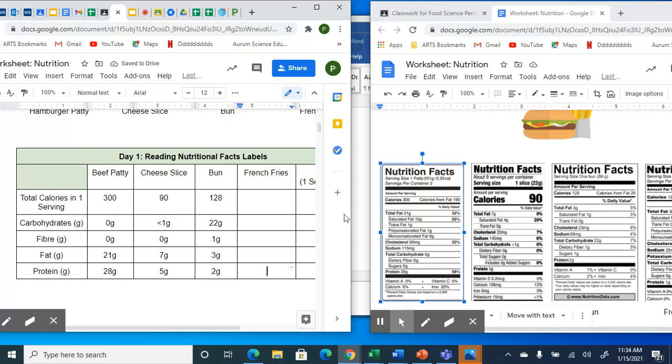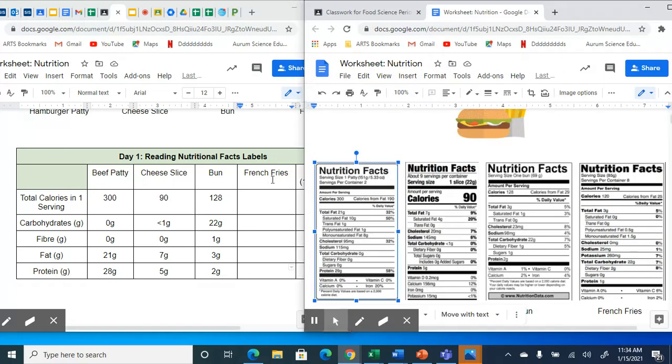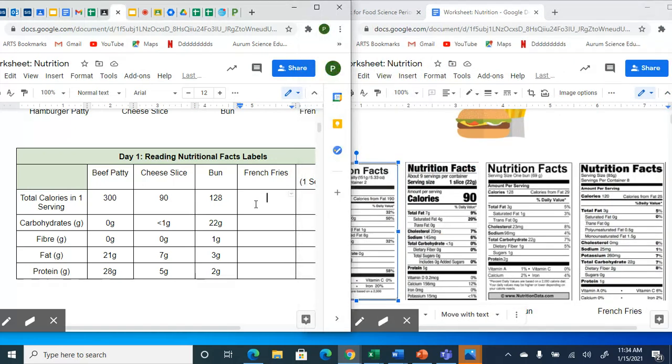So now our French fries. Let's move them over. French fries. Serving size. There are 8 servings per container. Servings. All right.